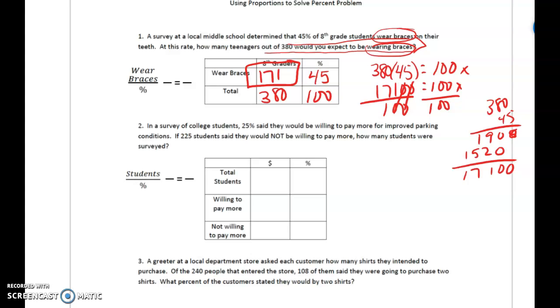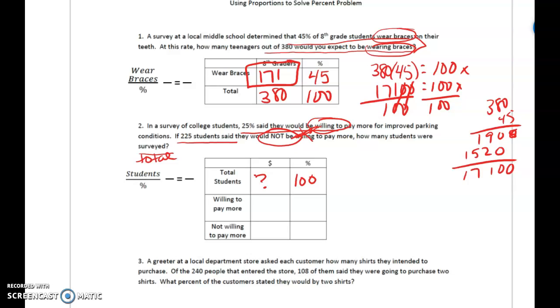In a survey of college students, 25% said they are willing to pay for more improved parking conditions. If 225 said they are not willing to pay, okay, these don't match, that's a problem. To pay more, how many were surveyed? So they're looking for, this is our total. So we have 100%, and we need to figure out here.